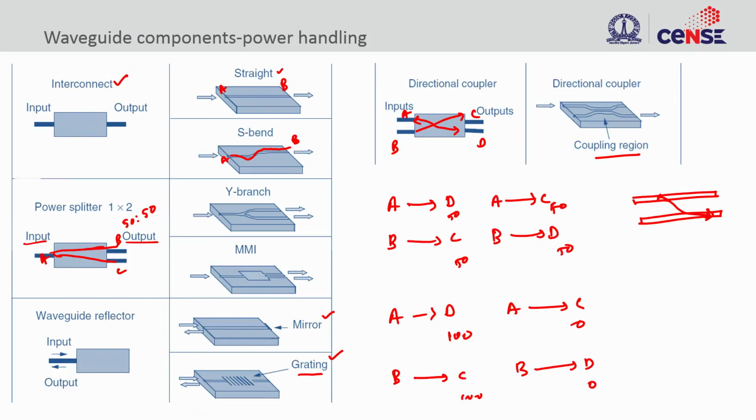So, the directional coupler is another way of handling power. So far, we have reviewed various power coupling schemes: how you take light from one single point and distribute it to 2 or more outputs, and also take power from 2 or 3 inputs, combine it, and put it into a single waveguide. These are the basic functionalities of power splitting and combining.